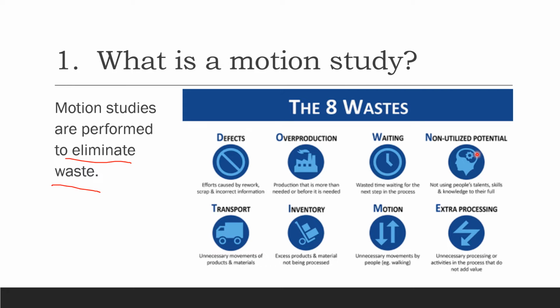So that means employees got to do the work, okay, got to use their talent. They have to use their skill, they have to use their knowledge, and you have to give them chances to be able to use their potentials. Okay, so we have to get rid of the non-utilized potential.